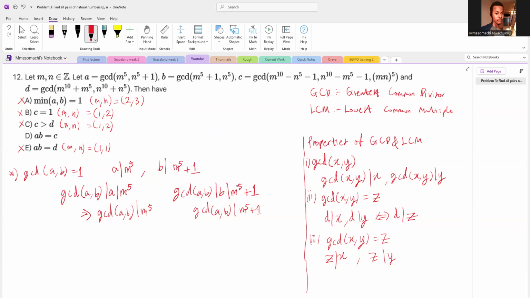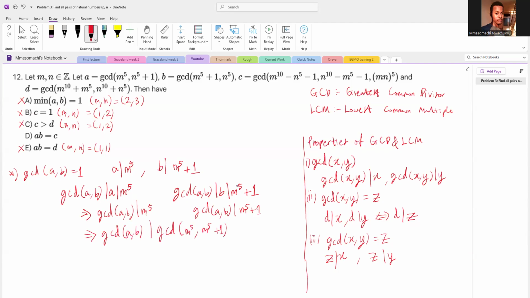Then we can look at property 2. The GCD of A and B divides these two things, so the GCD of A and B must divide the GCD of M to the power of 5 and M to the power of 5 plus 1.